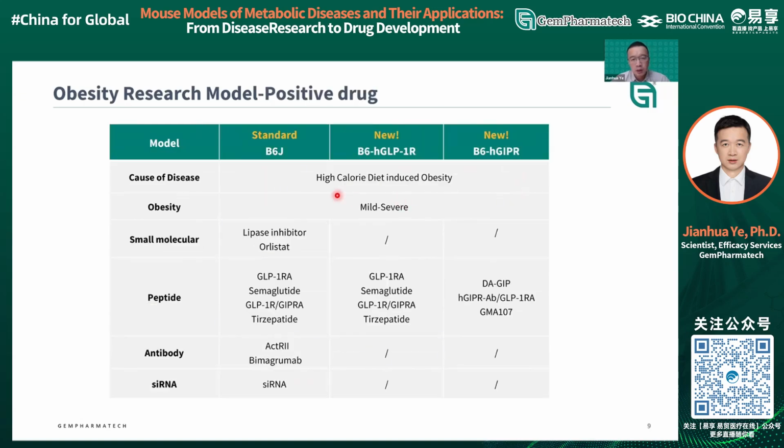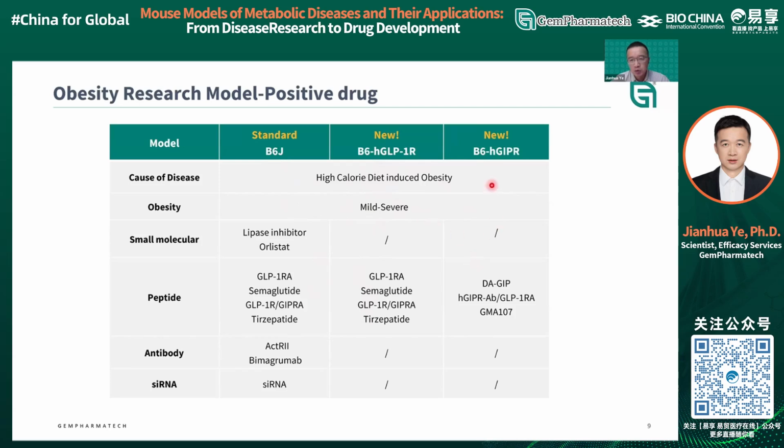In the diet-induced obesity model, we offer standard B6 mice, and we can also induce obesity in our humanized GLP-1 receptor mice and our humanized GIP receptor mice. On these models, we have tested many drugs. For example, we tested semaglutide and tirzepatide on the humanized GLP-1 receptor mice, which I will talk about later.